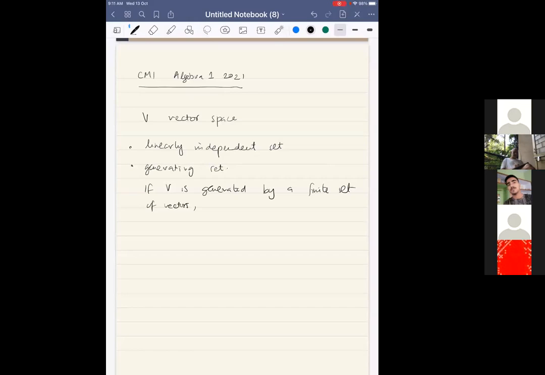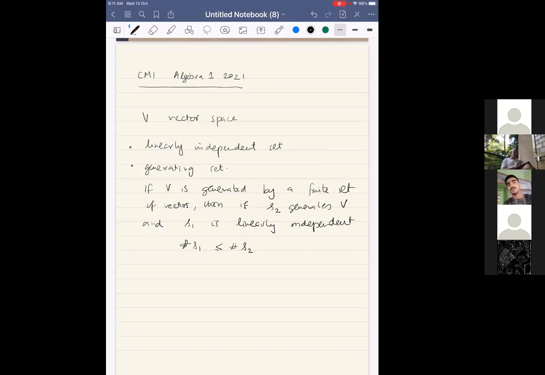the basic result is then: if S2 generates V and S1 is linearly independent, then the number of elements of S1 is less than or equal to the number of elements of S2.